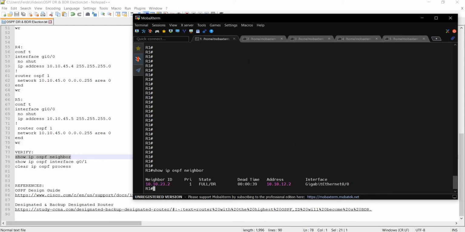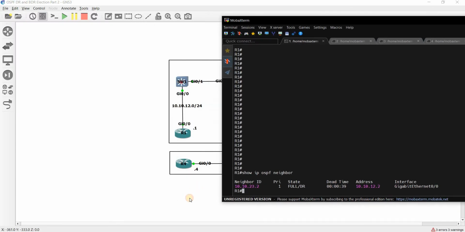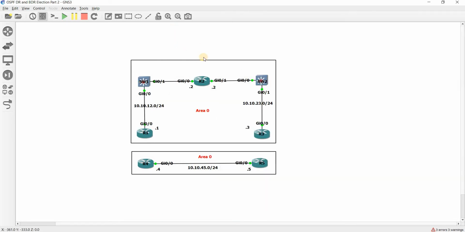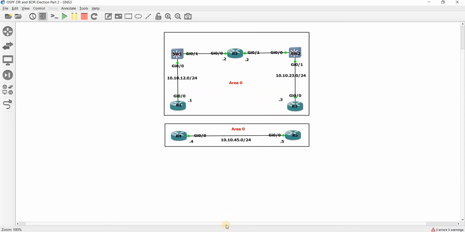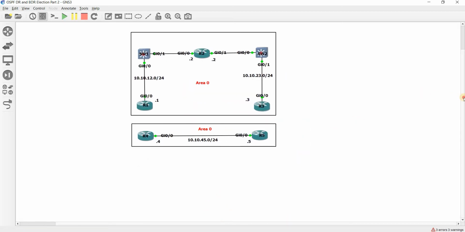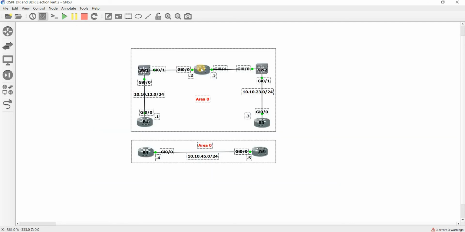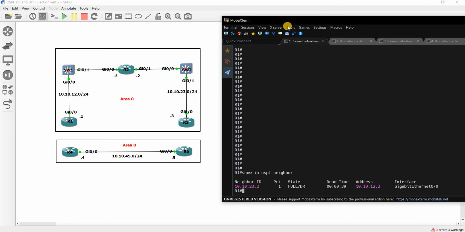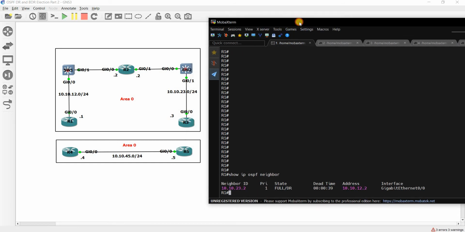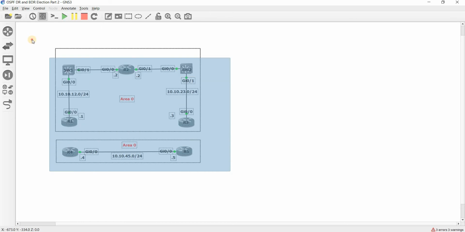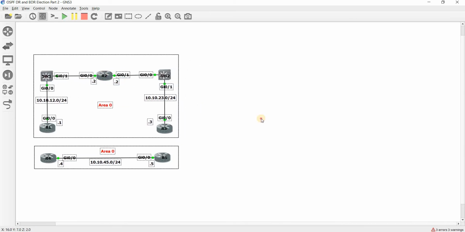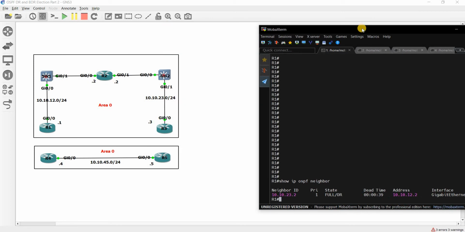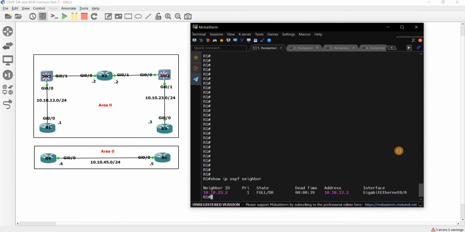Okay, so let me just show you the config and the topology while we are looking at it. Let me see if I can move it to the left and make this a little bit smaller.